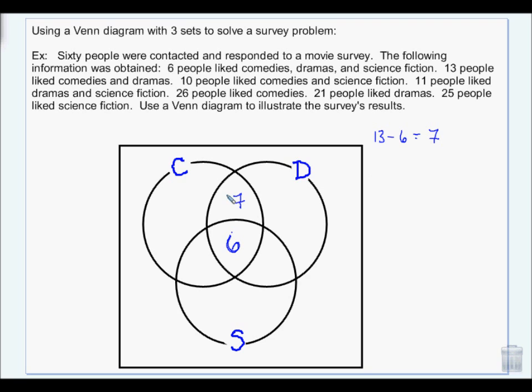Okay. 10 people like comedies and sci-fi. Well, here's 6, so if there's 10 total, there's 4 left. Because 10 minus 6 equals 4. 11 people like drama and sci-fi. So we have 11 minus 6. That gives me 5.